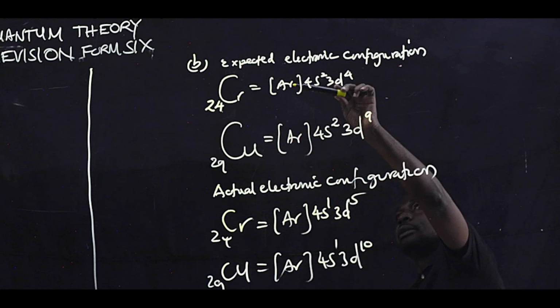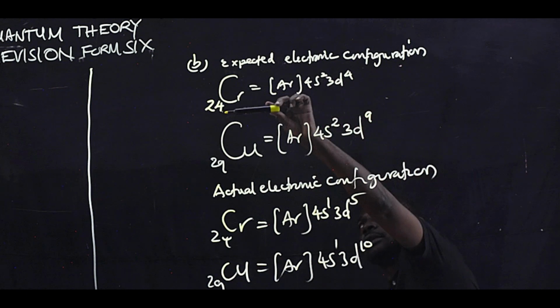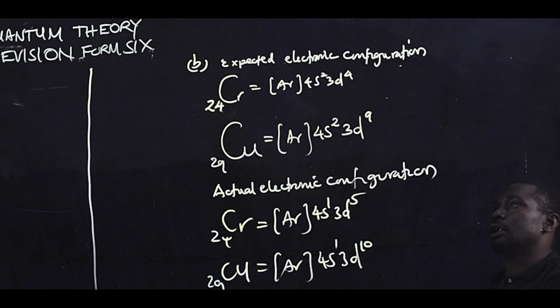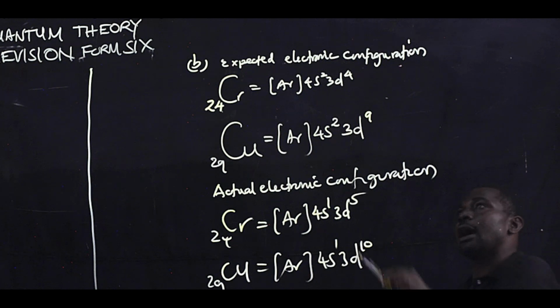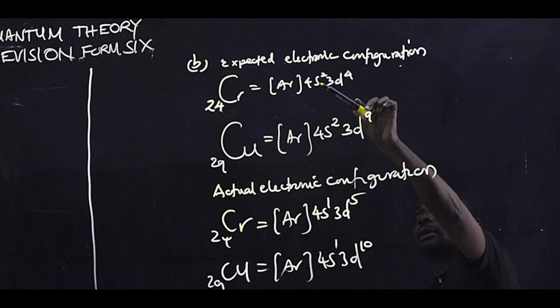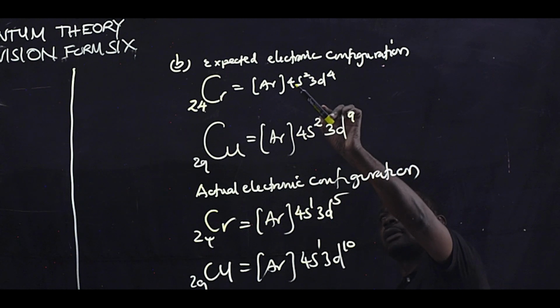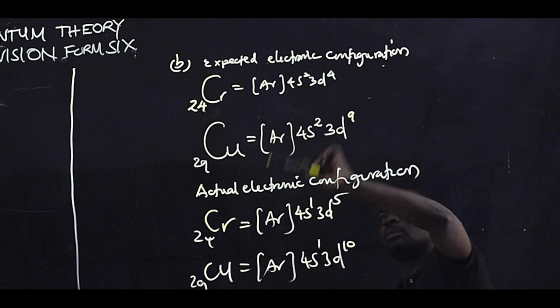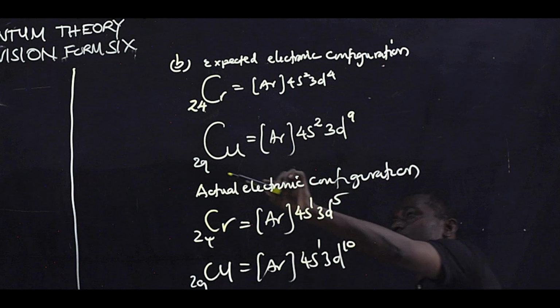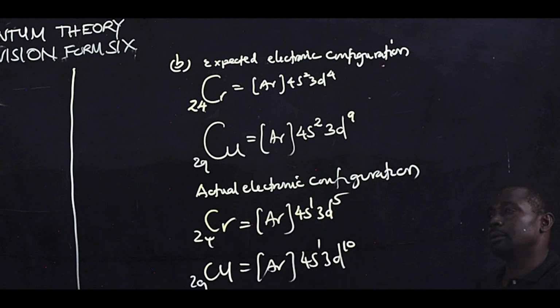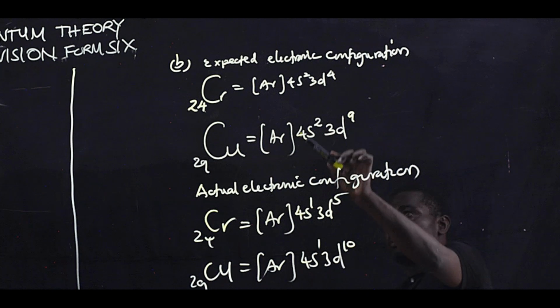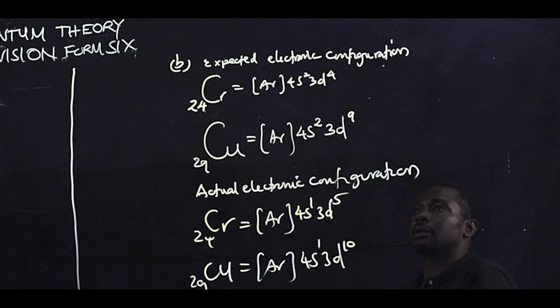Among 24, there are 6 electrons which remain, which should be filled in the outermost sub-energy levels, which are 4s2 and 3d4. This is the expected electron configuration of chromium. And copper, having atomic number 29, the noble gas which can be used to shorten it should be argon.